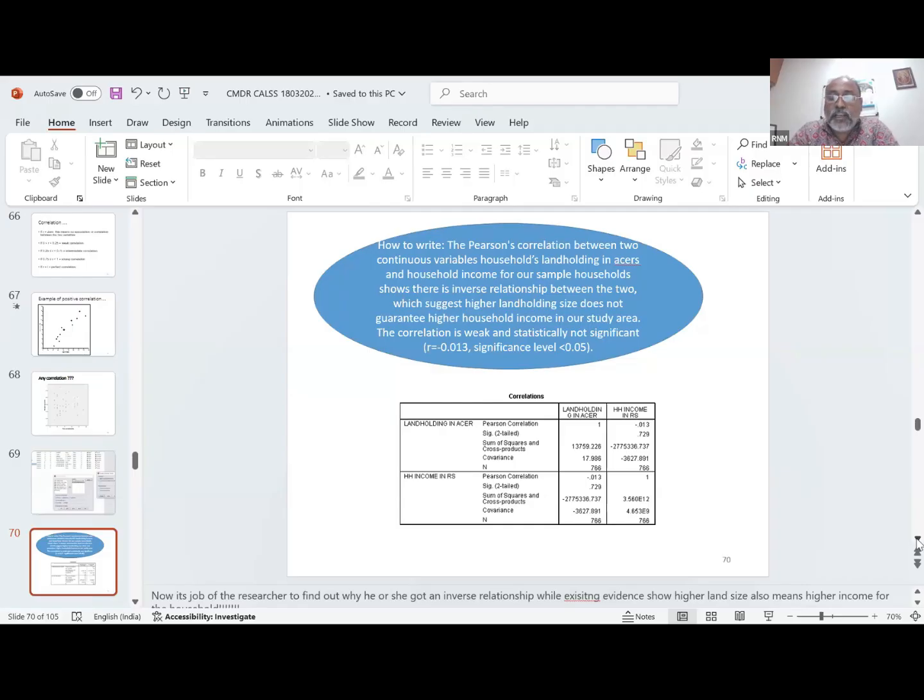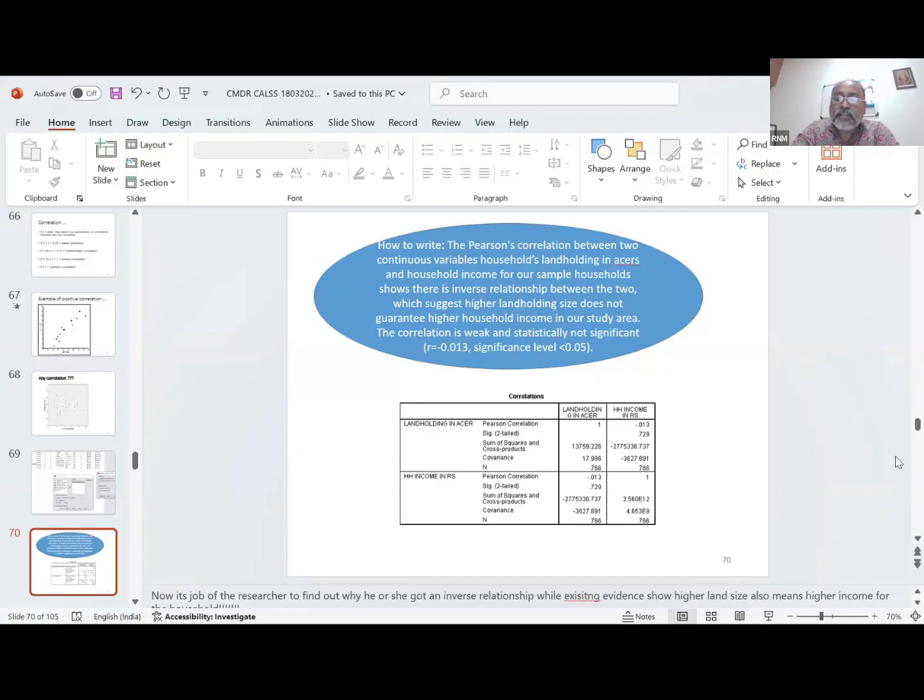So I got some relation, and nobody can question this, because it is a weak Pearson correlation R, less than 0.25, and it is also not statistically significant.